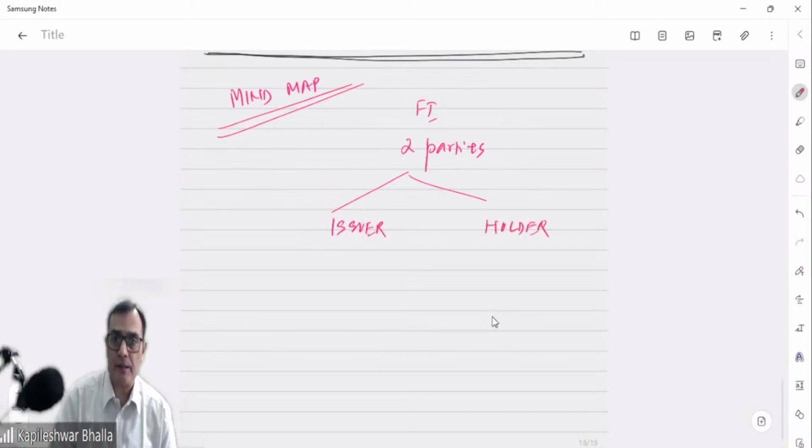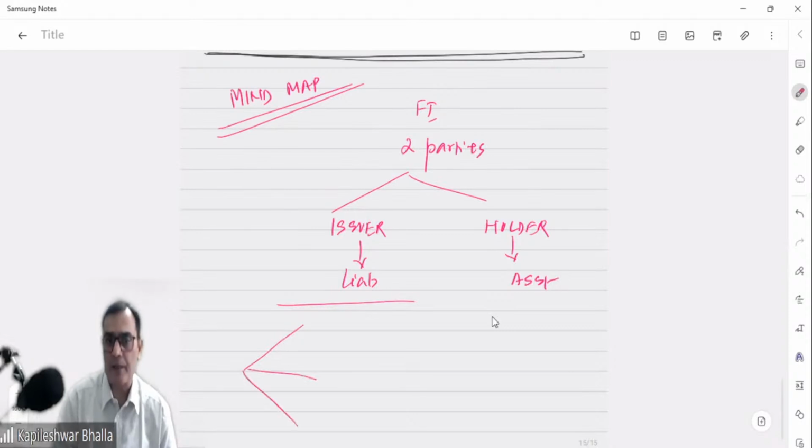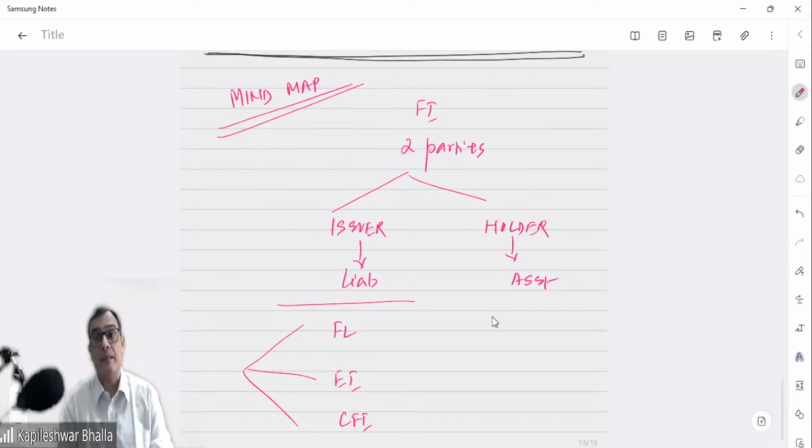The issuer is the entity focusing on the liability side of the balance sheet, and the holder is the one focusing on the asset side of the balance sheet. So when you're focusing on the liability side, he needs to take a call. Now, we can add that the instrument is supposed to be a financial liability, or an equity instrument, or maybe a blend of both equity and liability.